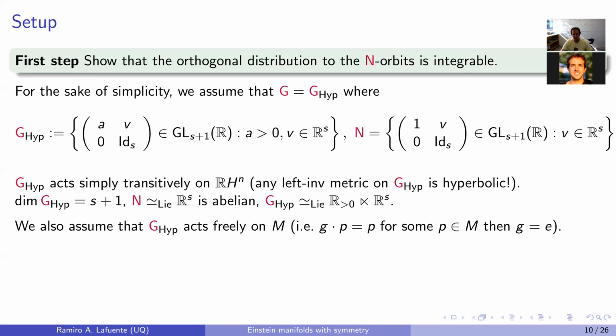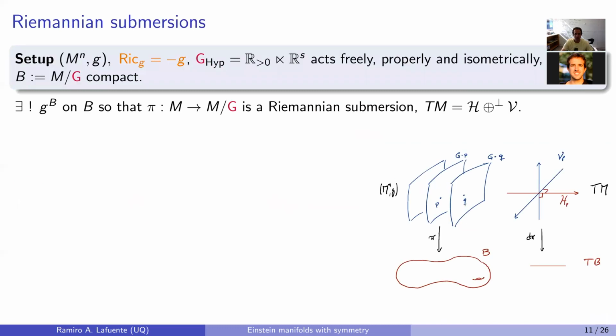So we will work with this Lie group and assume that this group acts freely on your Einstein manifold M. By that, I mean that if any element of the group fixes one point, then that element must be the identity. That ensures that the quotient is a smooth manifold.